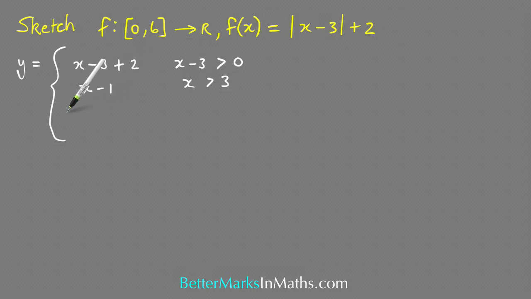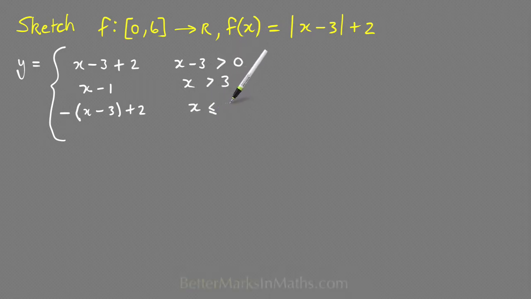The second one, you're just going to do the minus of what's in the absolute value function. So the minus of x minus 3, and then plus the 2, and that's going to be for the opposite of these values, which is x less than or equal to 3. So if you pick any x value less than 3, like 0, 0 minus 3 equals minus 3, and then that minus out the front makes that minus 3 a positive.